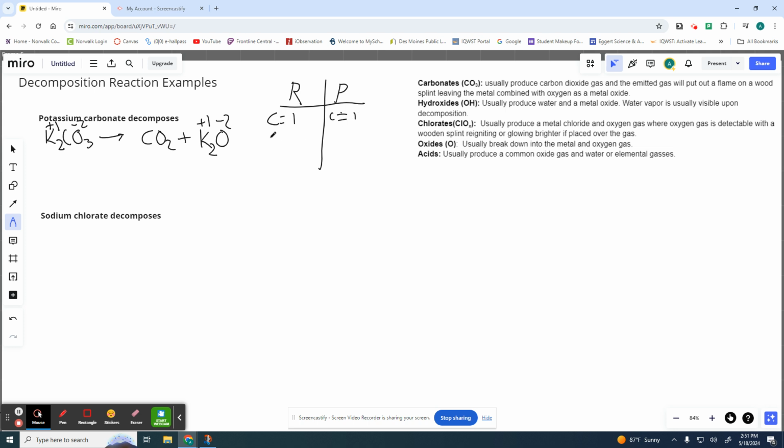I'm going to move on and do the oxygens on the reactant side. There's 3 oxygens. On the product side, though, you have to total up all the oxygens. So there's 2 oxygens for CO2, and there's 1 oxygen for the potassium oxide.